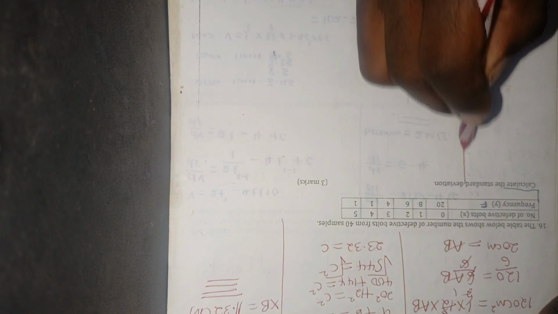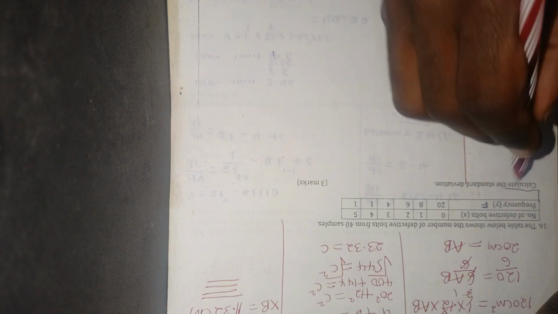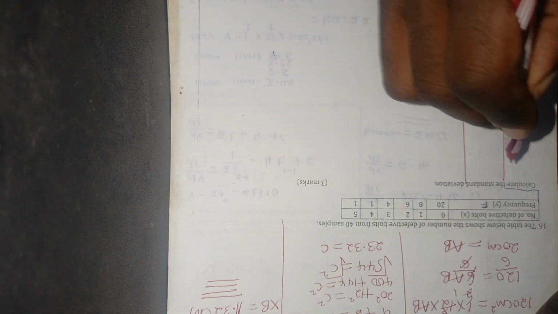So alternatively, be able to prepare a frequency distribution table here for this ungrouped data so that you can use it to get the standard deviation. But we need first to get the mean. So I can put here x, I can put here f. In a layman's language, that is a frequency distribution table.